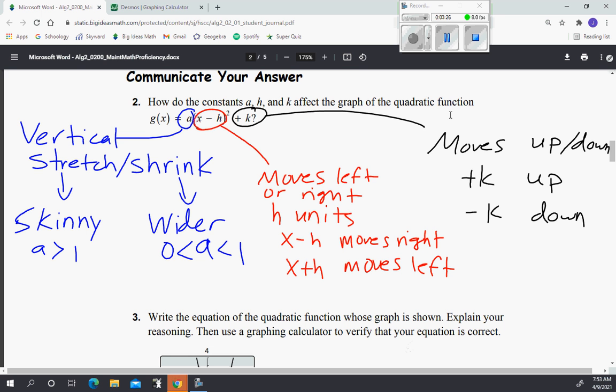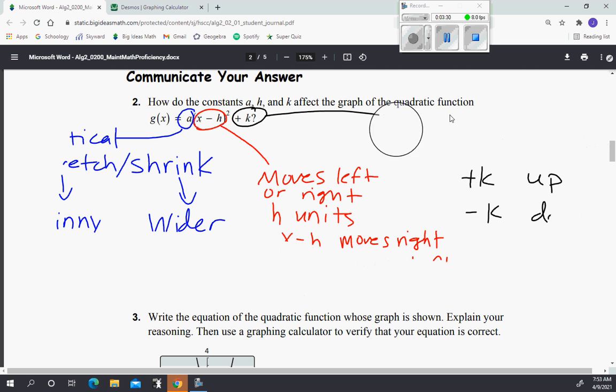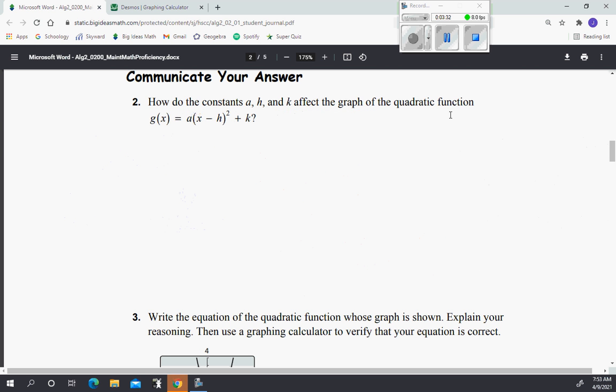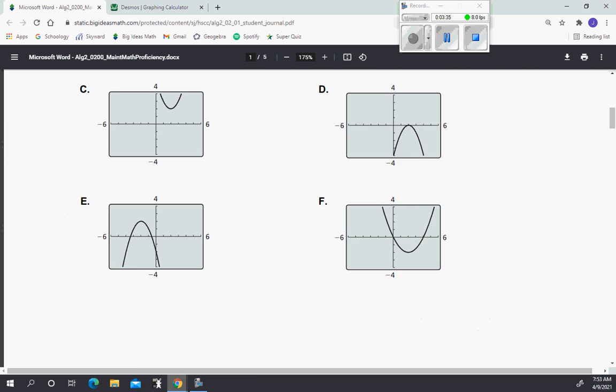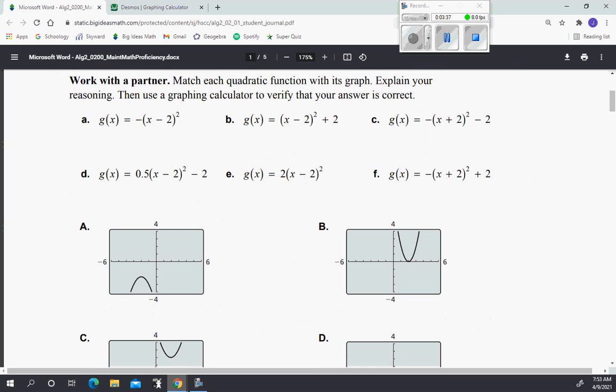Okay, knowing this information, let's try to match these graphs. So let's just start here. X minus 2, well, that's minus 2, so it's going to move right 2. And something we didn't talk about is this negative.